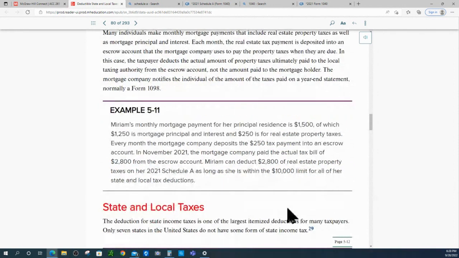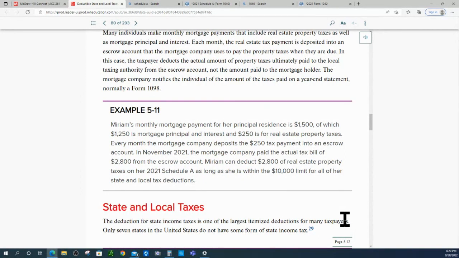So here's an example of that. We've got Miriam. Miriam has a monthly mortgage payment of $1,500. $1,250 of that is for the mortgage principal and interest, so for the actual house. $250 of it is for the real estate taxes that have to be paid every year. Every month, the mortgage company deposits that $250 into an escrow account. From that escrow account, they pay the property taxes when they come due.